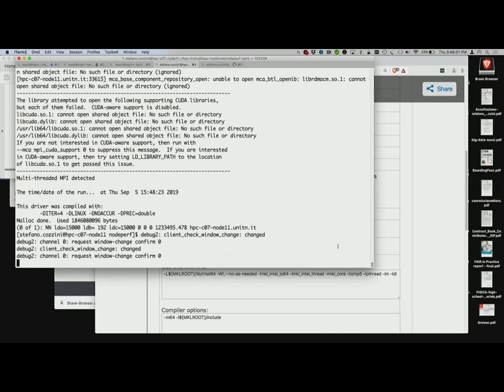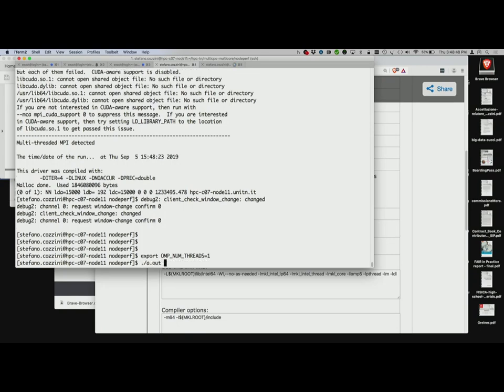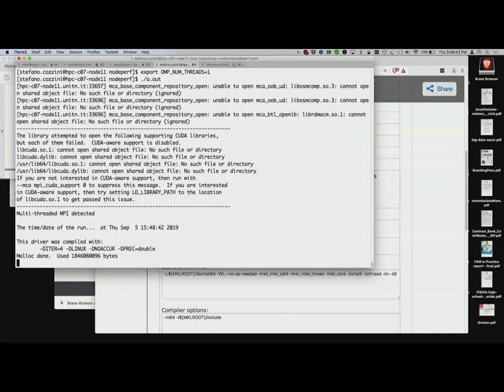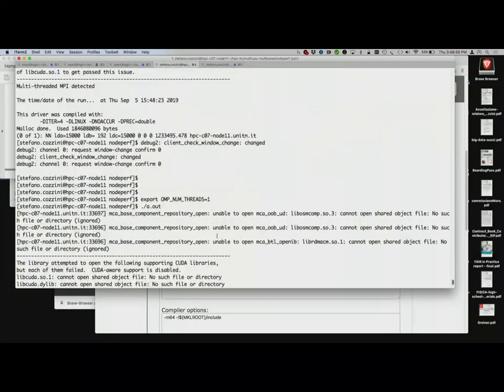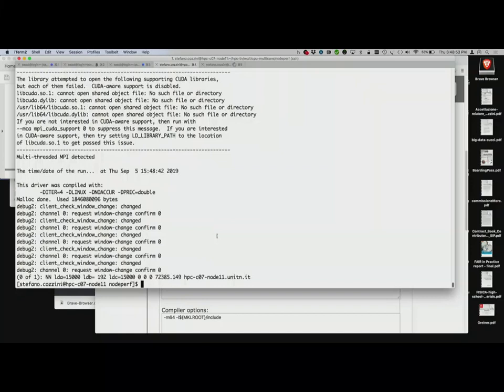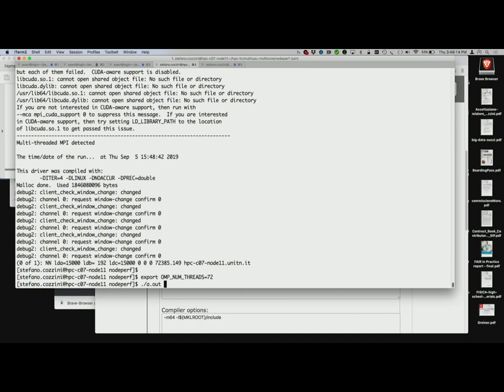This is the number I get when I run on a single core, that is 72 gigaflops, and this is when I run on the overall machine.